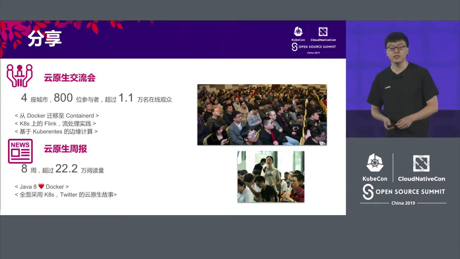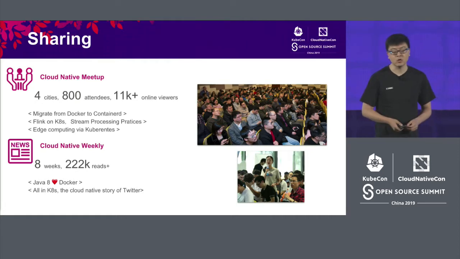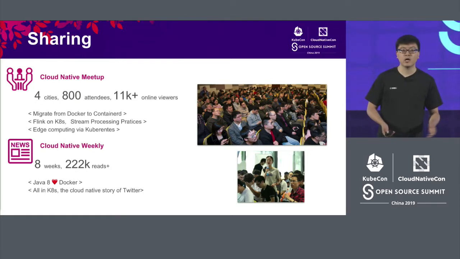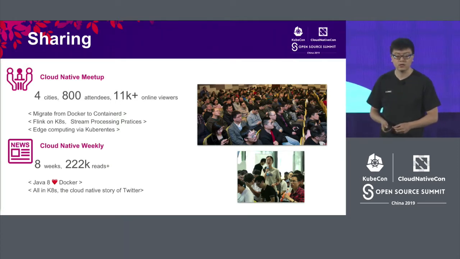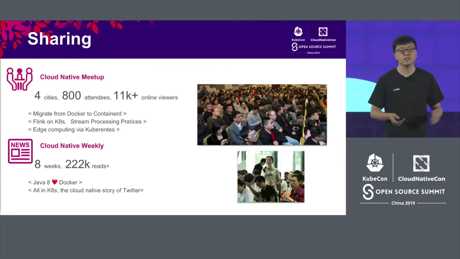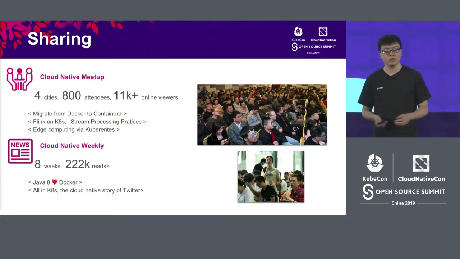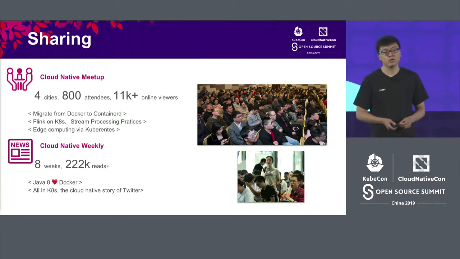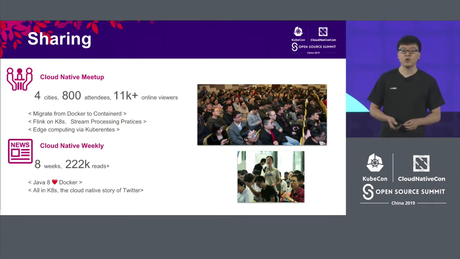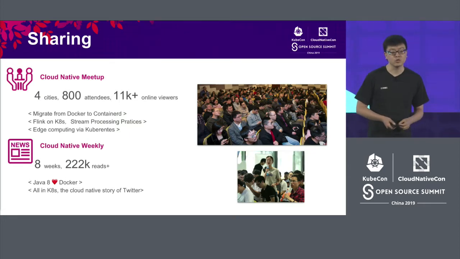And also, we focus on sharing. For instance, this year we have been in 4 cities, and we have had 800 attendees, and also more than 11,000 online viewers. And we have many interesting topics in all these meetups. And apart from meetups, we also write some articles.